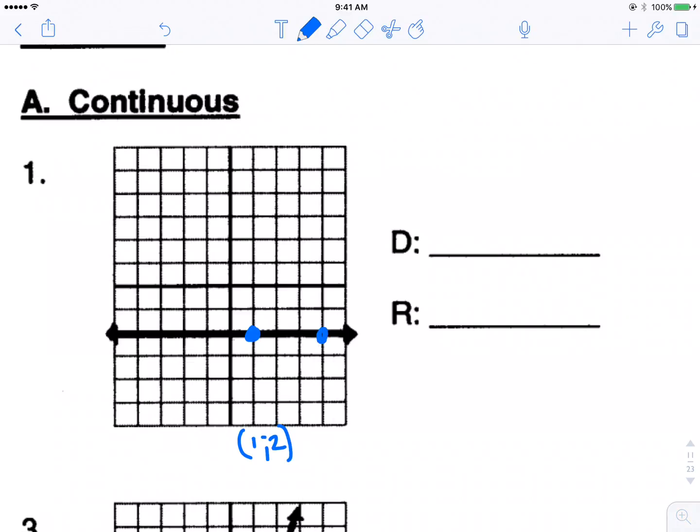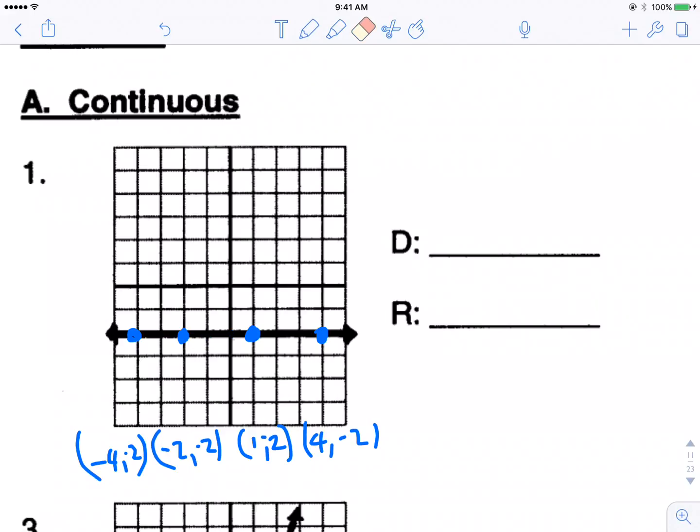This point would have coordinates of (4, -2). And we could go the other side: (-2, -2), and further, (-4, -2). We could continue to list millions of different points. All of these points have coordinate values.